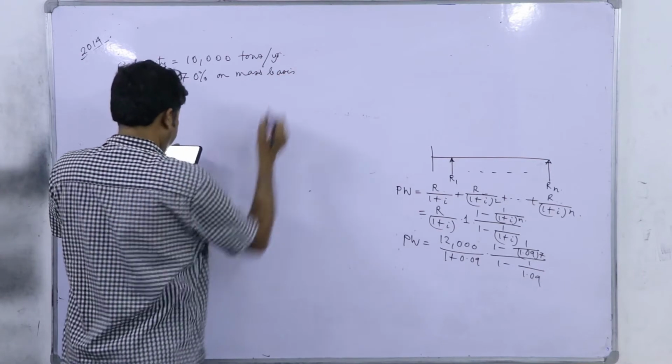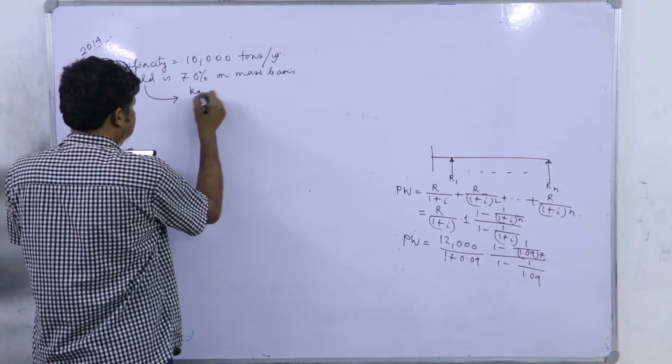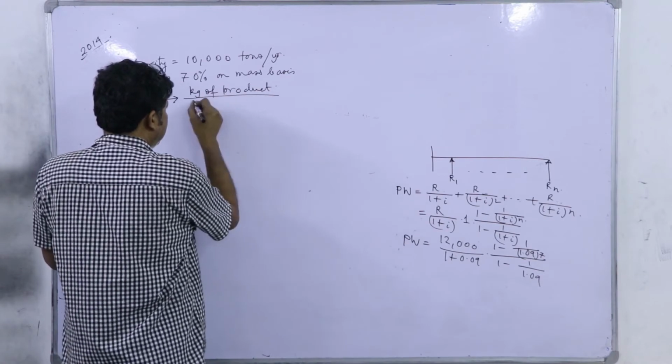What is yield here? The yield is defined as kg of product per kg of raw material.